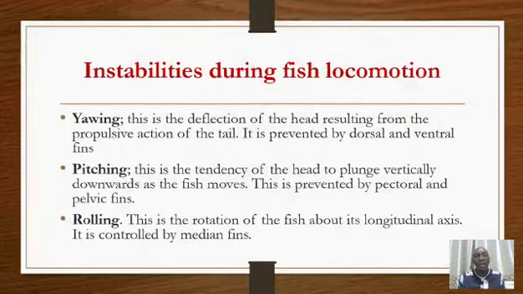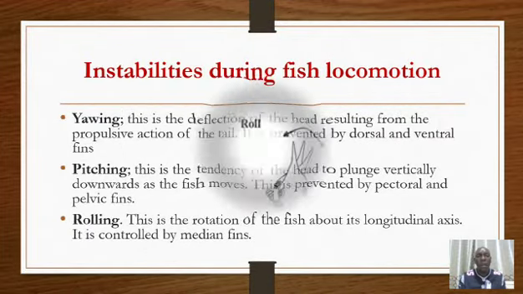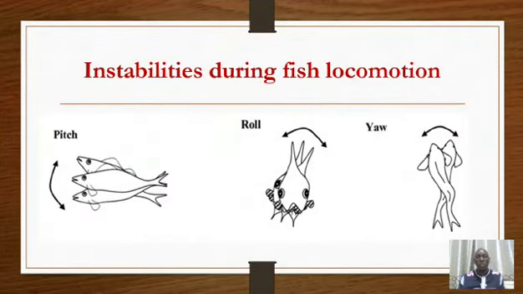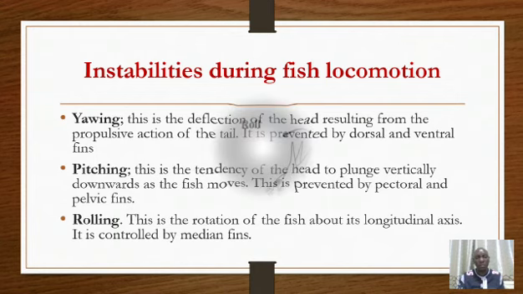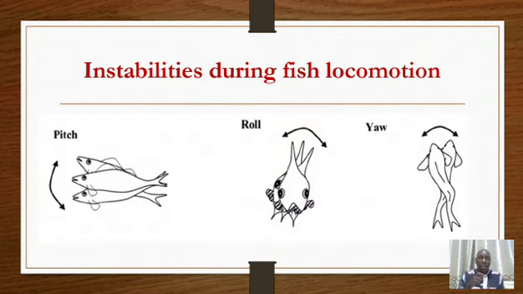Then we have another instability known as rolling. So rolling is the rotation of the fish about its longitudinal axis. What do we mean? Rolling, just like if the fish is swimming like that, it now ends up doing that.